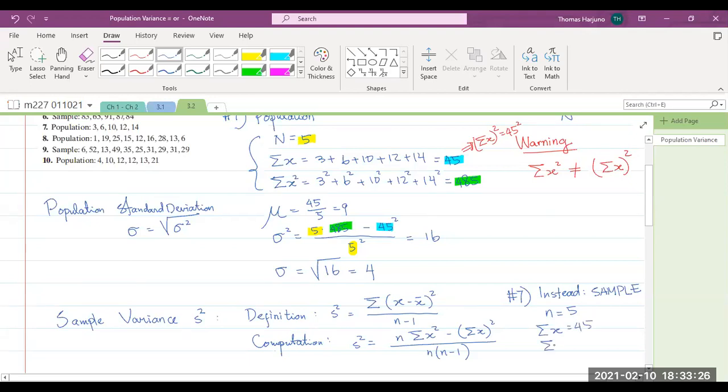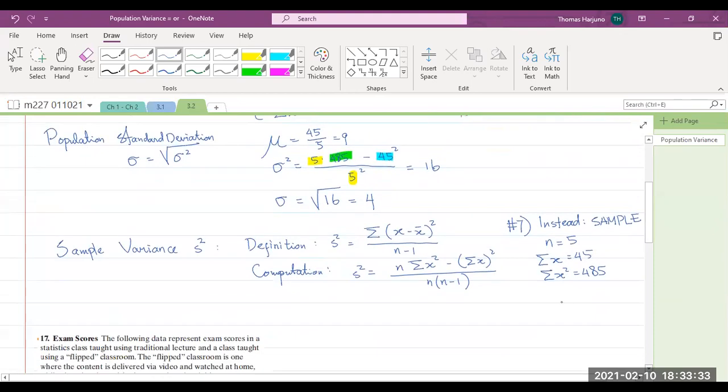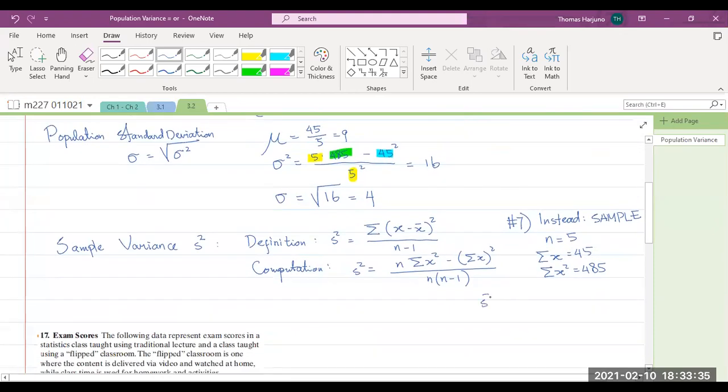The sum of x squared is 485. Now, what is sample variance? On the numerator, it will be the same: 5 times 485 minus 45 squared. First number times the third number minus the square of the middle number.